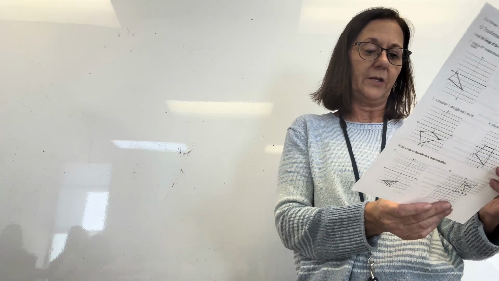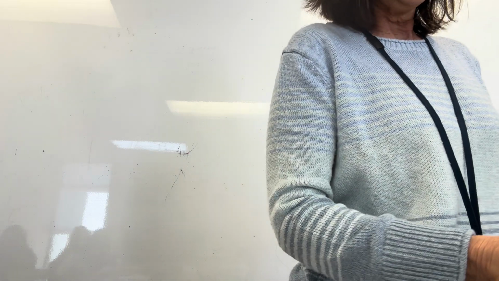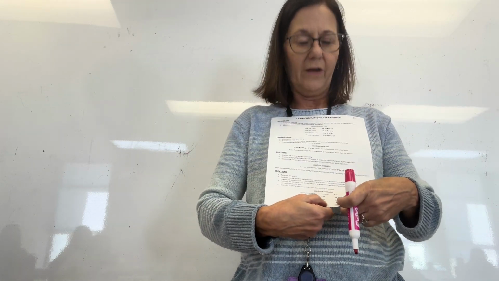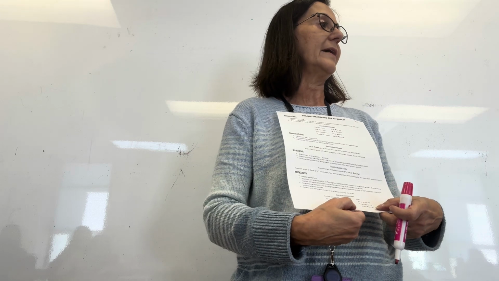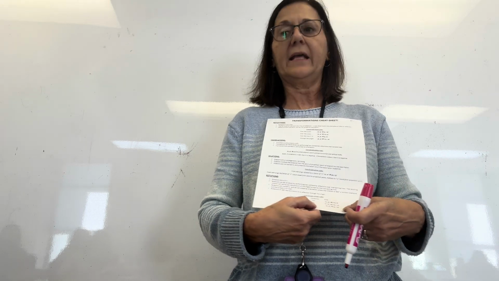Do y'all have your little sheets? Your reflection sheets. Oh, here it is, Paula. I mean your rotation sheets. Sorry. So I said do it clockwise 90. That's at the bottom here. So you have (x, y) becomes (y, negative x). (x, y) becomes (y, negative x).